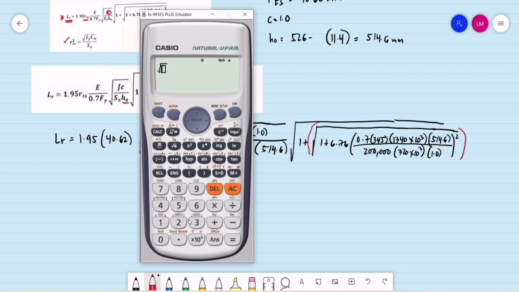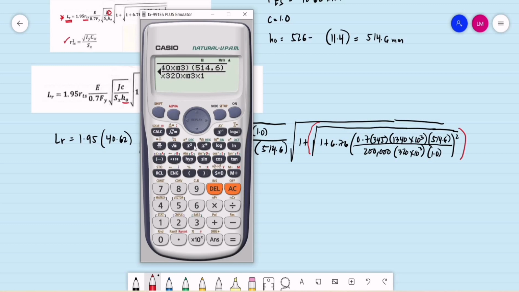This is the same as the square root of 1 plus 6.76 times 0.7 of 345, times S of x, 1,340 times 10 raised to 3, times 514.6. All values are divided by 200,000 megapascals, times 320 times 10 raised to 3 times 1.